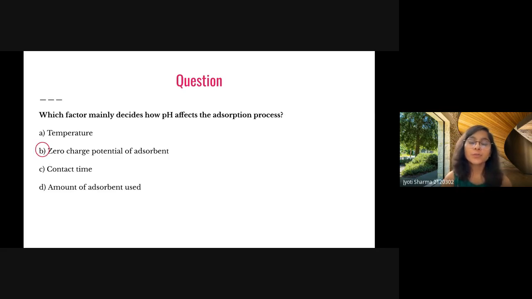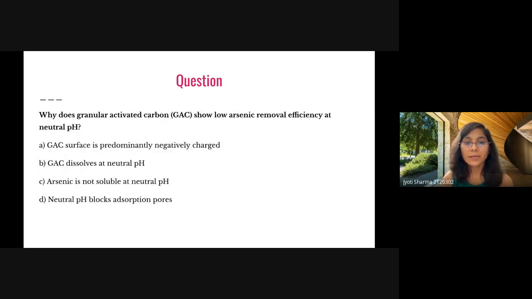Because we want to see how pH will affect, we can see this using the factor that is zero charge potential. This charge will vary whenever we have different pH, right? And based on that we can check whether pH is affecting the adsorption process or not. So that's how B is the right answer.